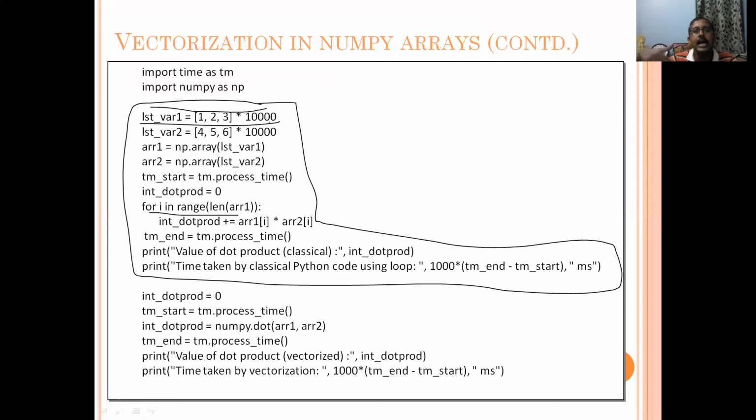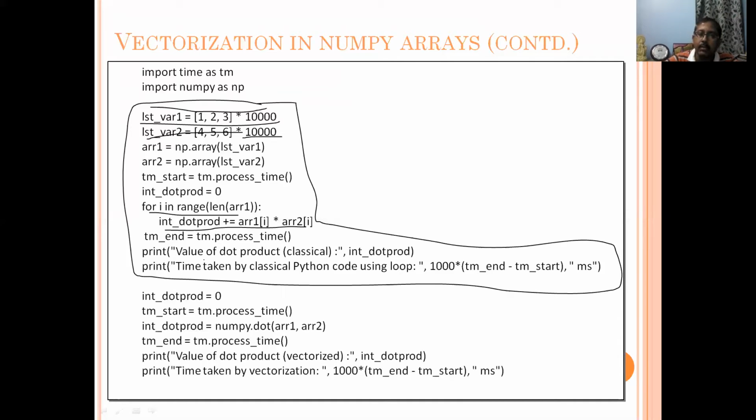So basically the array size is now 10,000 into 3, so 30,000. So two arrays of size 30,000, and we have to do a dot product of the elements of the array. So in a normal program, we'll have to do a for loop for each of the elements of the array, and then do a product and sum them up, right?